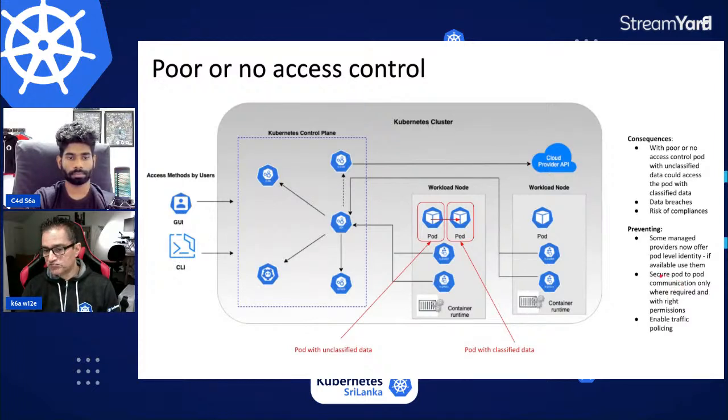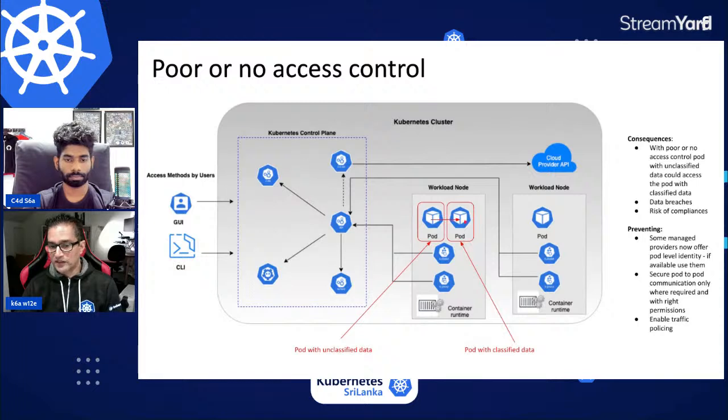Also make sure you have secure pod-to-pod communication. In Kubernetes, to keep everything simple, pod-to-pod communication is normally HTTP, so it's very easy for another pod to listen to the traffic between the two. They can easily spin up a pod that's running and listen to the traffic going between. So it could be this pod listening to the traffic going between these two and capturing everything, right?